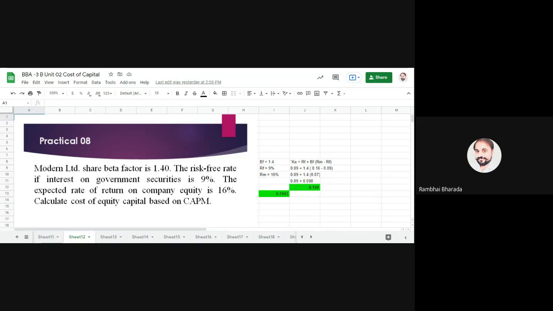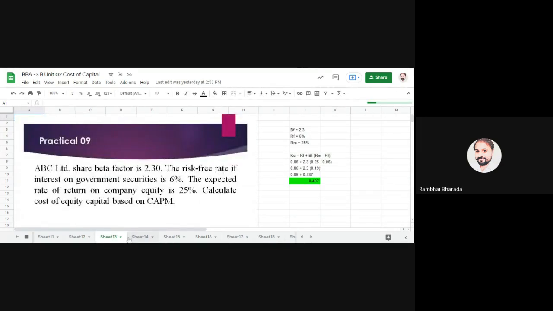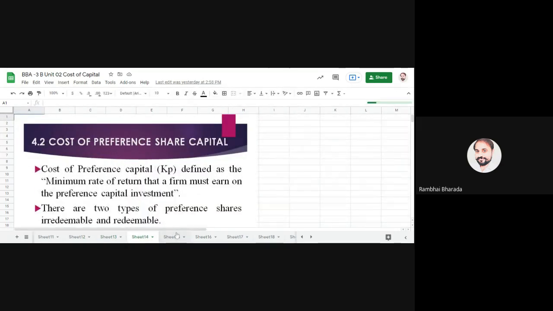Now coming to the next, number 2, cost of preference capital. How many types of shares are there for calculating the cost of preference shares? Only 2: irredeemable and redeemable. For irredeemable, KP is DP divided by NP.